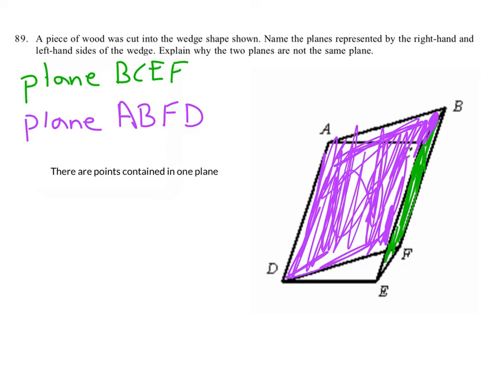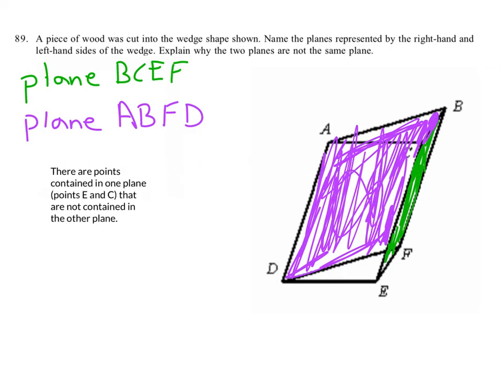For example, points, let's say E and C. And E and C are hard to see. Points E and C that are not contained in the other plane. Okay.